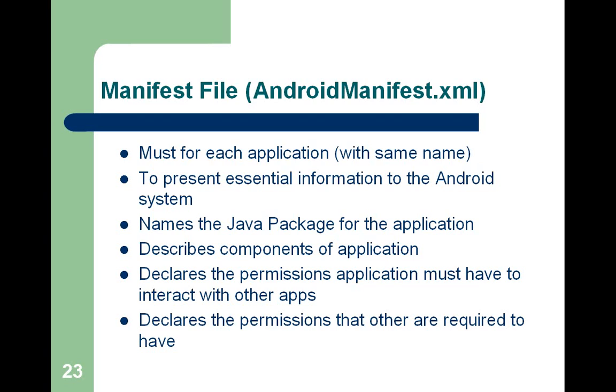In case the end user sees the application is asking for a permission which is not really required, the end user may choose not to install that application. Then in this file you need to declare the permissions that others are required to have in case they want to use your application.